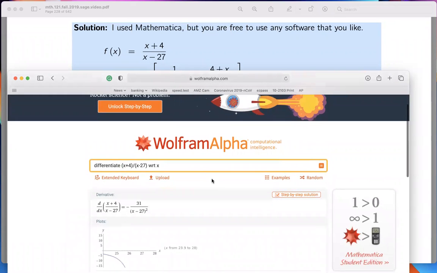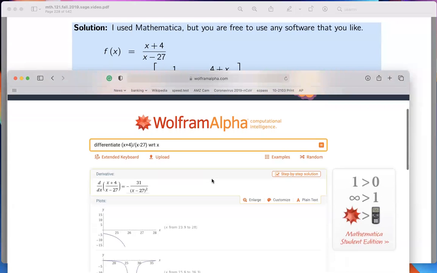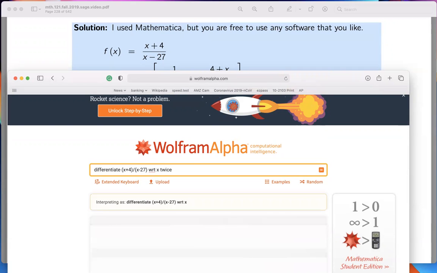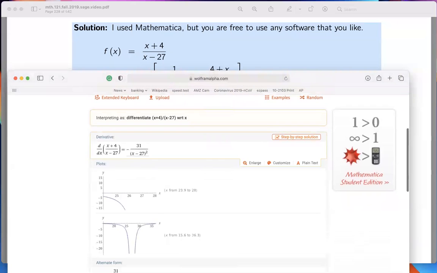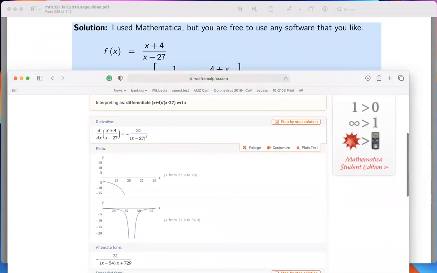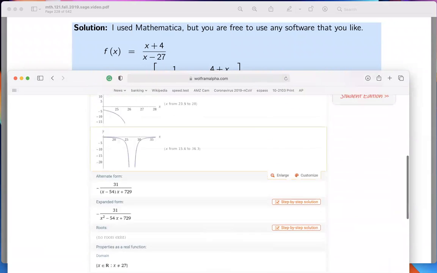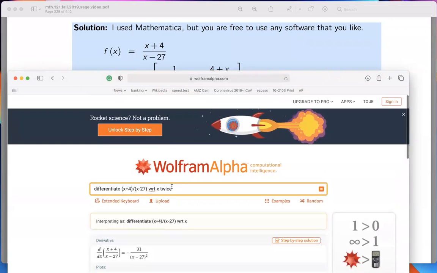And let's see how I did over there. First of all, I typed it in right. See, I got this over here, didn't I? Twice. Let's see if it understands it. Nah, it didn't understand it. This is why I don't like it that much.